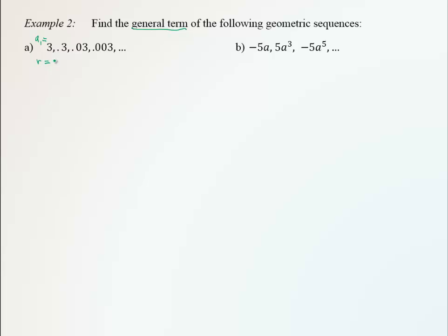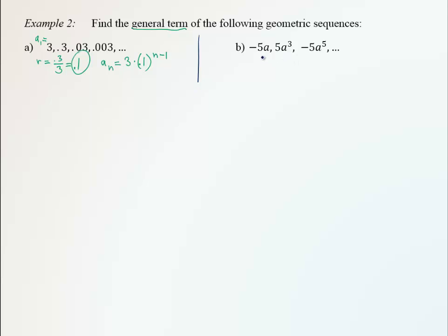So 0.3 divided by 3 is really 0.1. So the common ratio that we're going to use is 0.1, and then we can use the formula for the general term of a geometric sequence. So an equals a1, which is 3, times the common ratio, which is 0.1, to the exponent n minus 1.